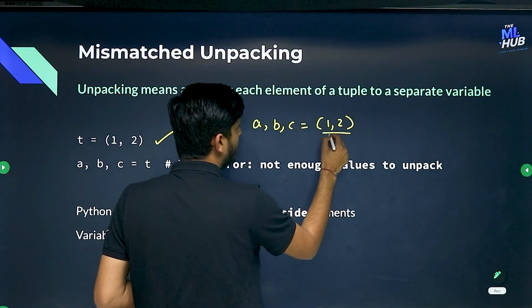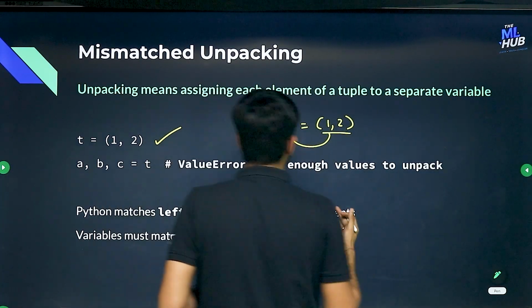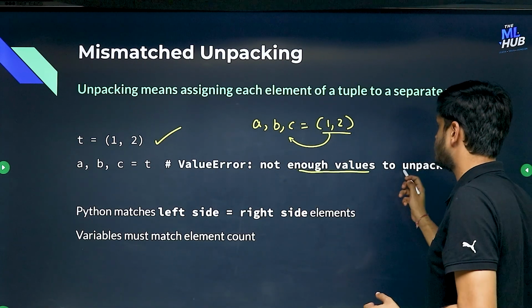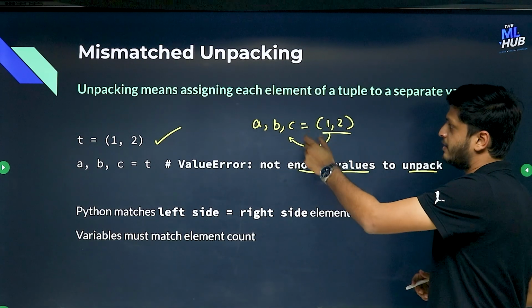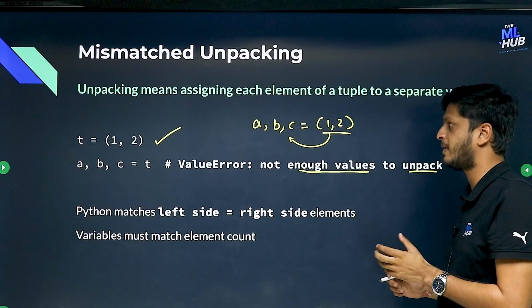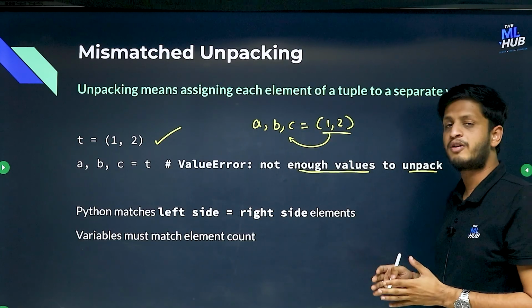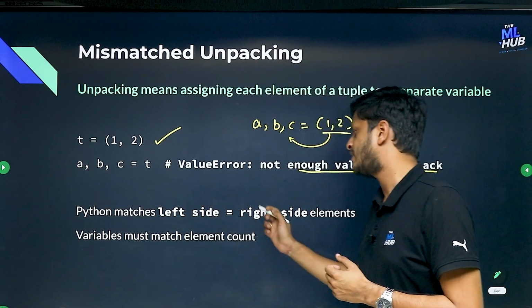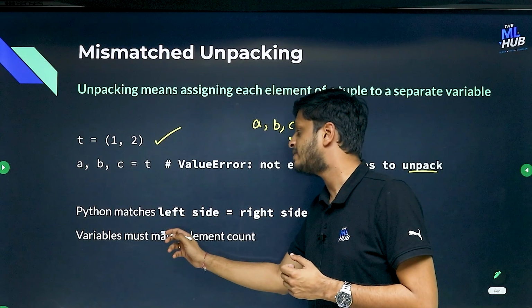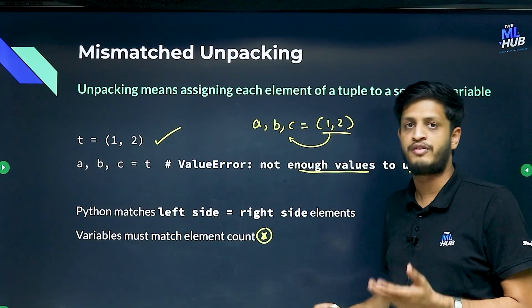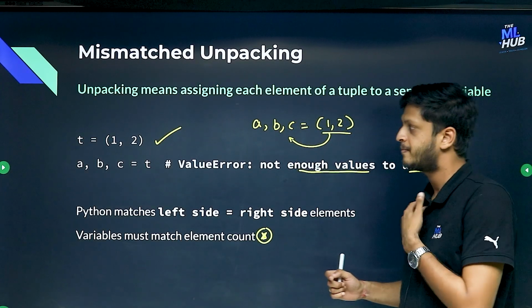So you cannot unpack this tuple into 3 variables. That is not allowed. So you will get a ValueError: not enough values to unpack. There are only 2 values and you have 3 variables. And if you have fewer variables, then also this will happen. So Python again matches left side to the right side of elements, and the variables must match the element count. The number of elements should be exactly equal to the number of variables, then only unpacking can happen.